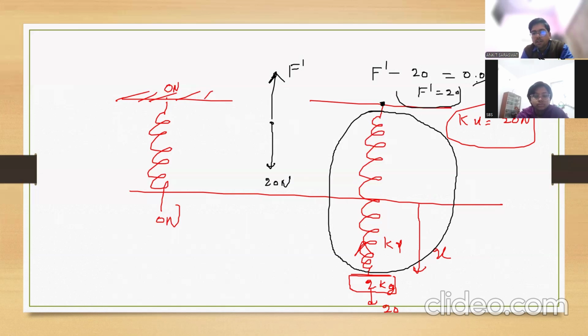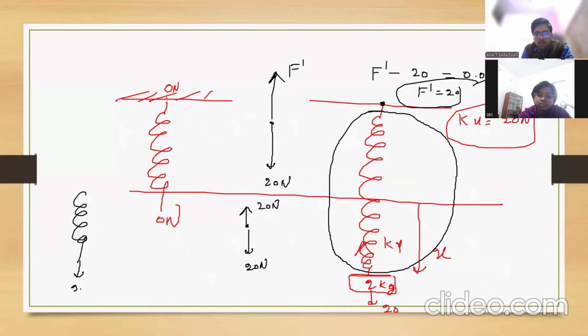It means that spring is doing elongation. Spring is doing elongation, still force is the same. F dash is also 20. So here what is the case? Both hands are applying the same force.